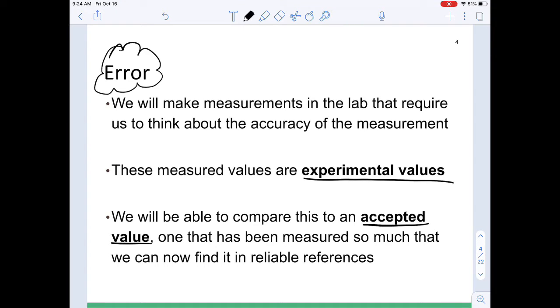I'd mentioned those data tables showing densities of different objects and how scientists can use those to identify different materials. Those are accepted values. They've been tested over and over again, and every single time those values hold true. So that's what we're going to use to determine how much error you had in your lab.